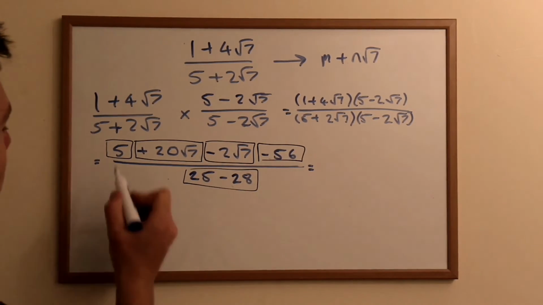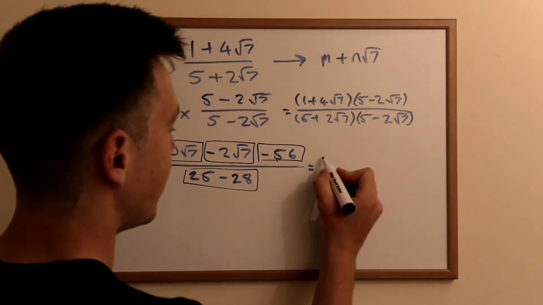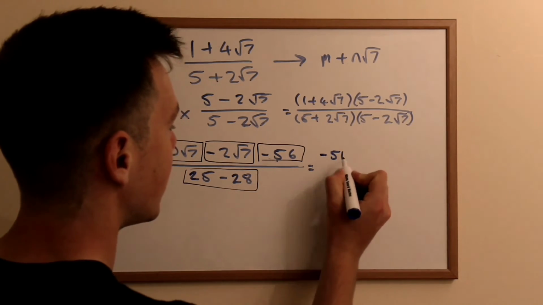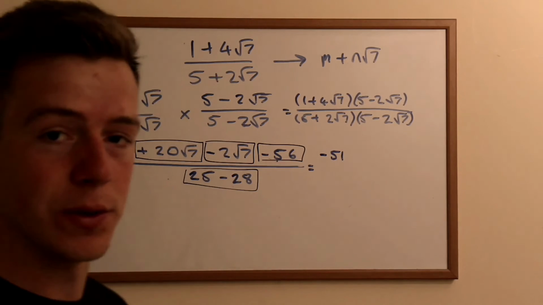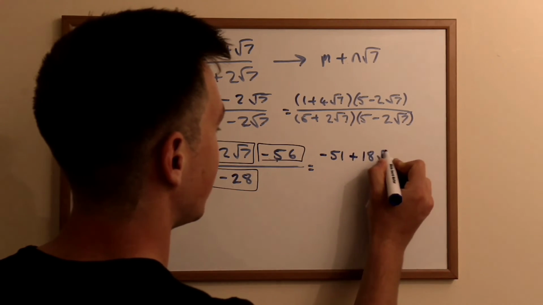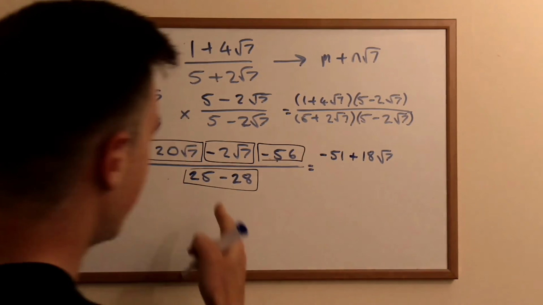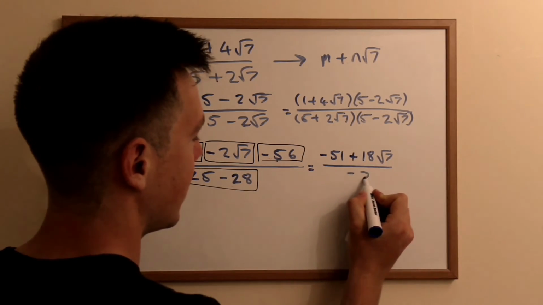So what's 5 minus 56? It's negative 51. What's 20 lots of root 7 minus 2 lots of root 7? That's 18 lots of root 7. And 25 minus 28 is negative 3.